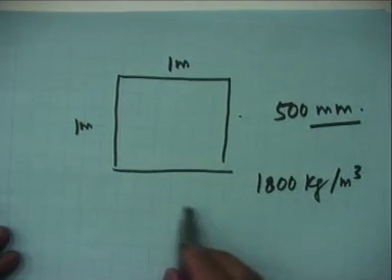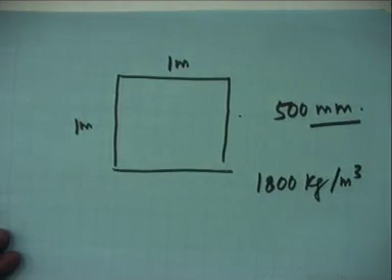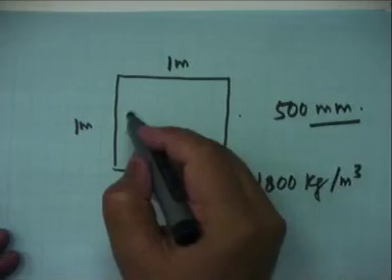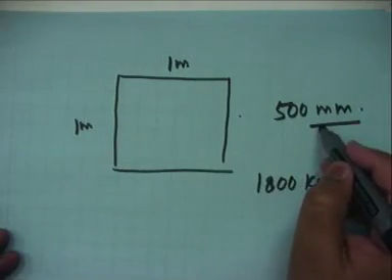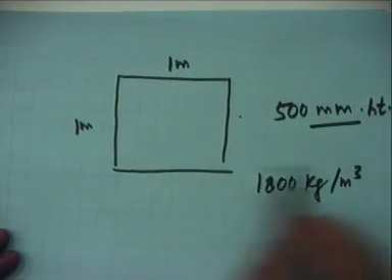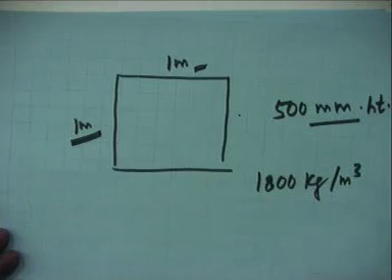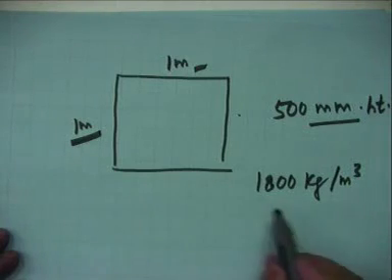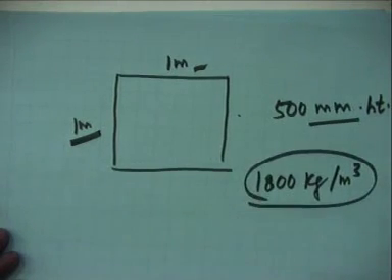Can you find out what would be the load? This 1 meter by 1 meter plan area brickwork is of 500 millimeter height. Height is 500 millimeter, length and breadth both are same, 1 meter, and density of the material is 1800 kg per meter cube. Can you tell me what would be the load coming onto it?